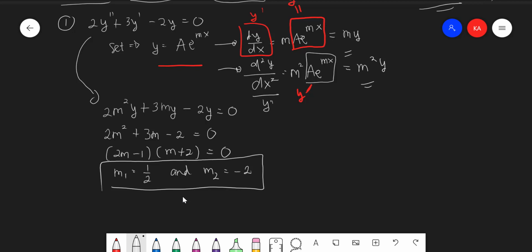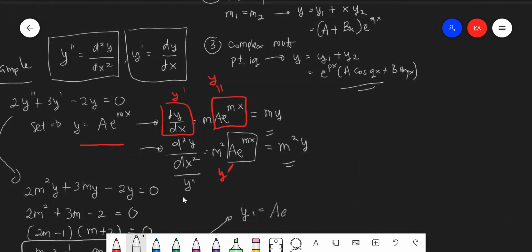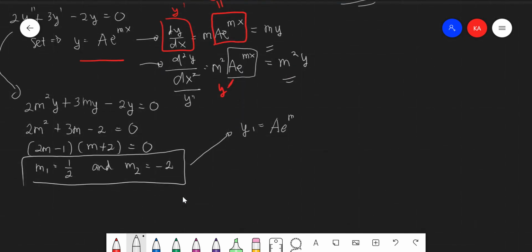So we have two independent solutions. That is y1 is a e power of m1 x, and m1 is a half, so we get a e power of half x.